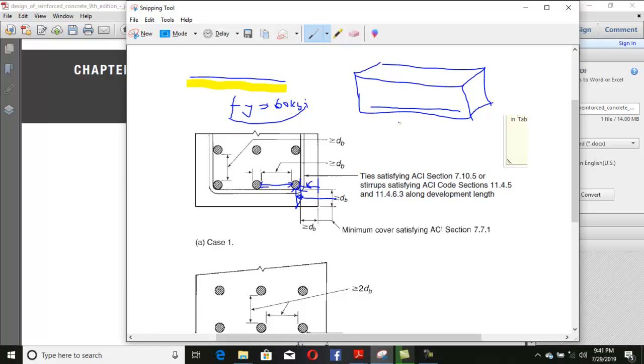Because when the concrete is cracked, this insertion length becomes reduced, and it doesn't give you that yielding strength then. So the length which is necessary, compulsory, to embed in this concrete beam to develop that yielding stress is called development length. That is the development length.